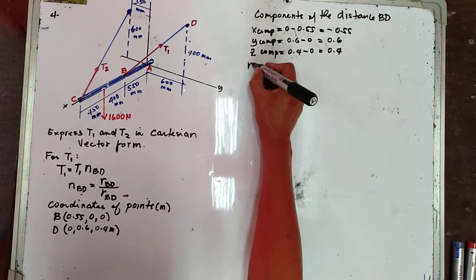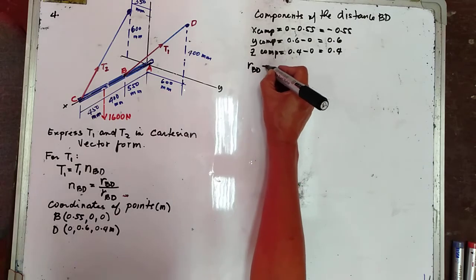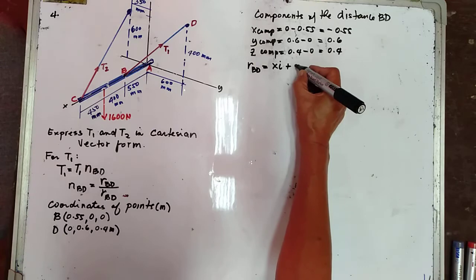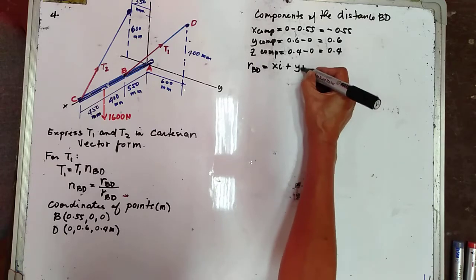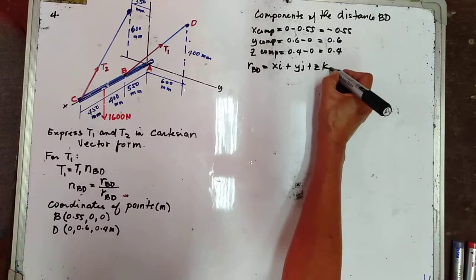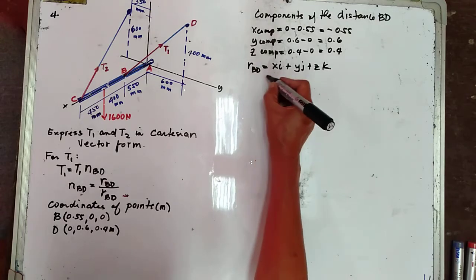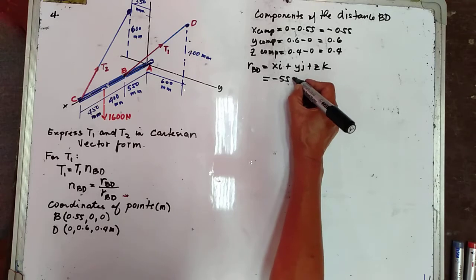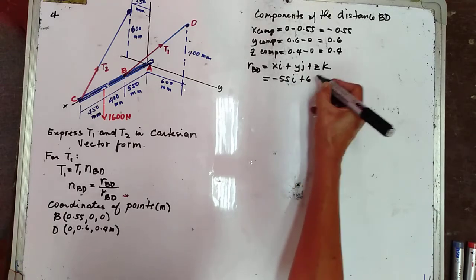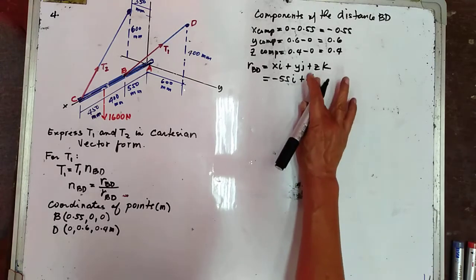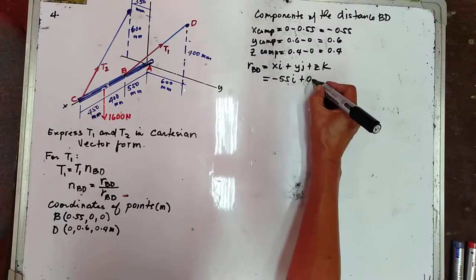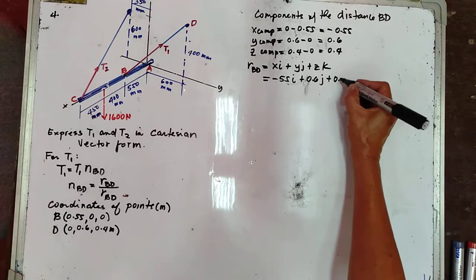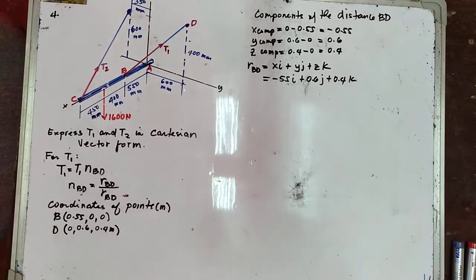Hence, your RBD is now equal to negative 0.55i plus 0.6j plus 0.4k.